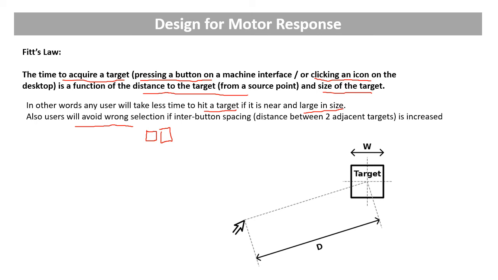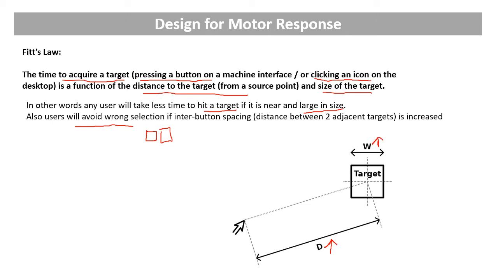It says that the time taken by the user to click on this icon would increase if D increases, and the time taken by the user to click on the target will decrease if W increases, right?